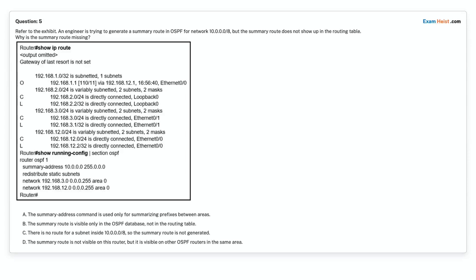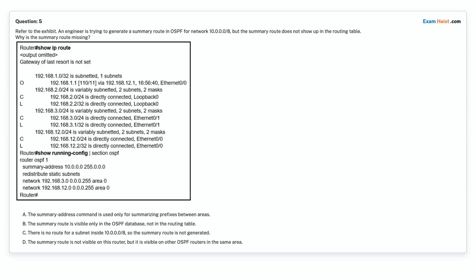Option A. The summary address command is used only for summarizing prefixes between areas. Option B. The summary route is visible only in the OSPF database, not in the routing table. Option C. There is no route for a subnet inside 10.0.0.0/8, so the summary route is not generated.